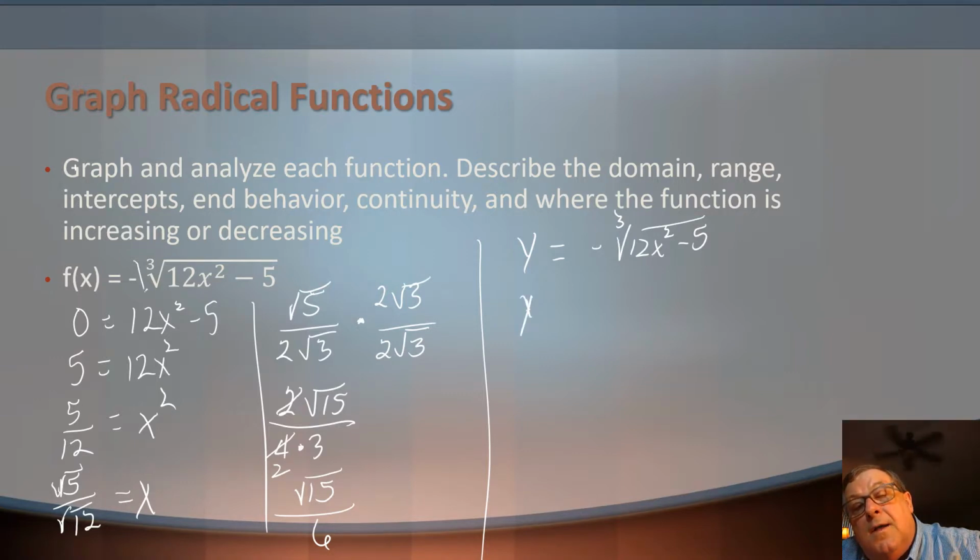So we got y equals negative cube root of negative 5. Well, if we divide both sides by negative 1, cube root.